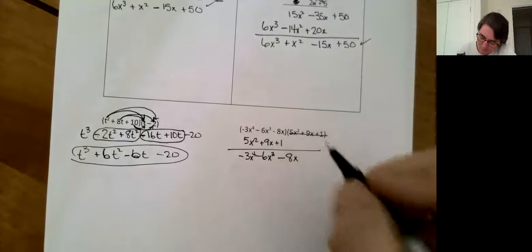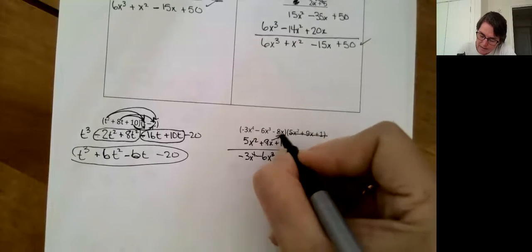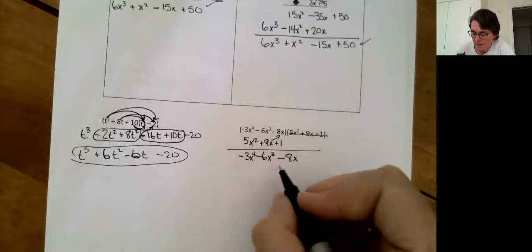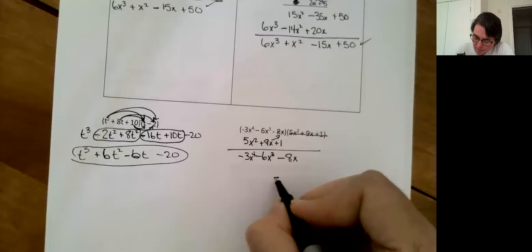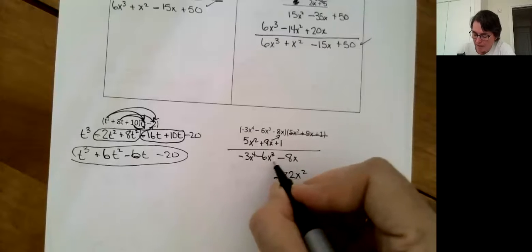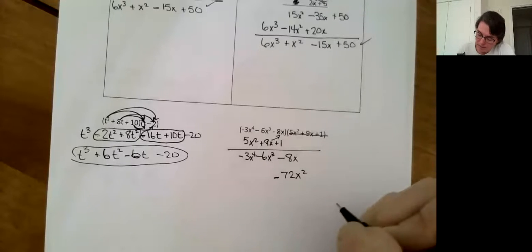Of course I do. Now, when we go 9x times negative 8x. Oh, check it out. Now I got to be really careful because that's going to give me an x squared. So negative 72x squared. I really don't know where to write it, so I'm writing it in between those two because it doesn't line up with that, and it doesn't line up with that.